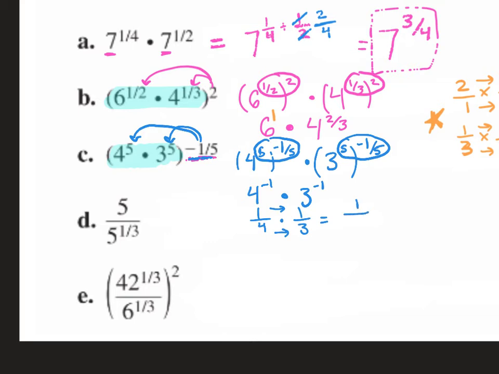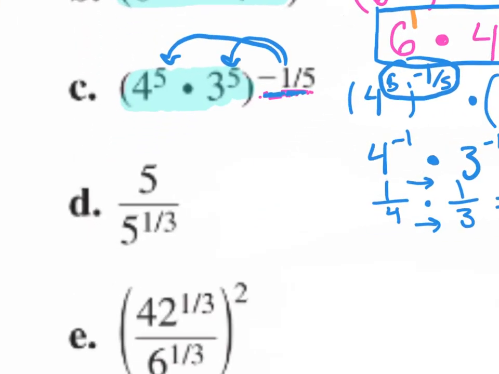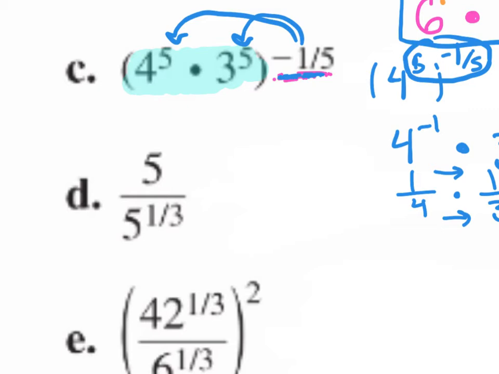All right, let's look at D. Any questions on that one before we move on? All right, D. Can we combine this 5 and 5 to the 1/3 together? Does that 5 on top have an exponent? Yes, what's the exponent? 1.